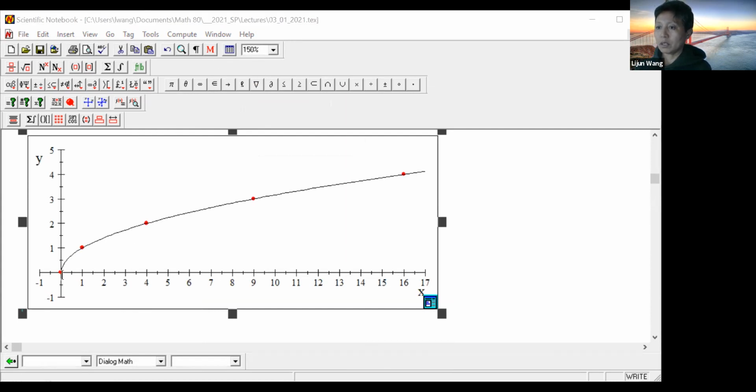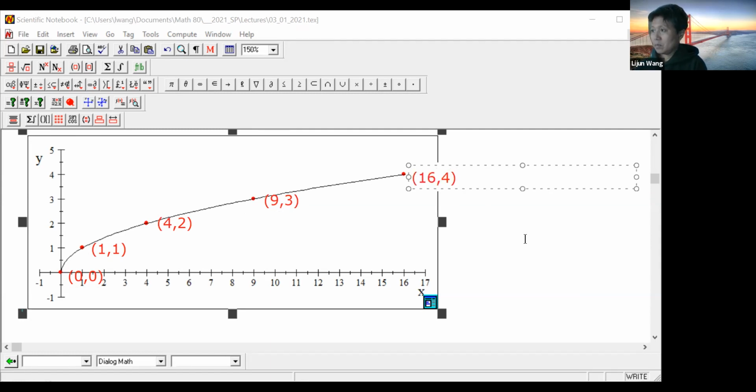Always mark your point. So that's the graph.